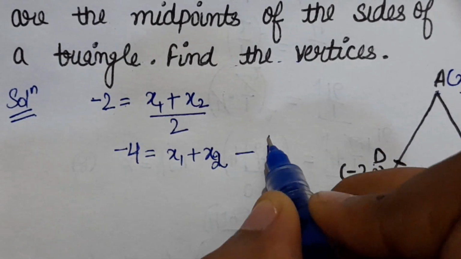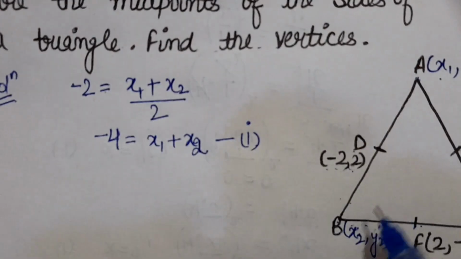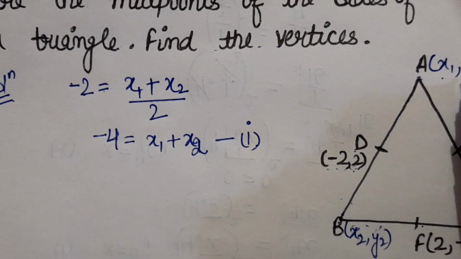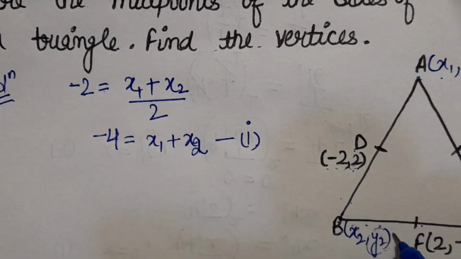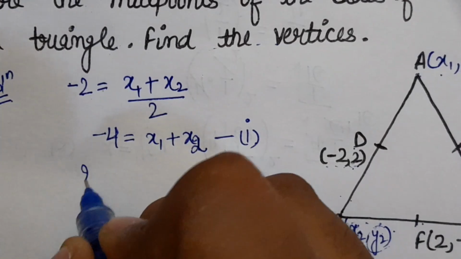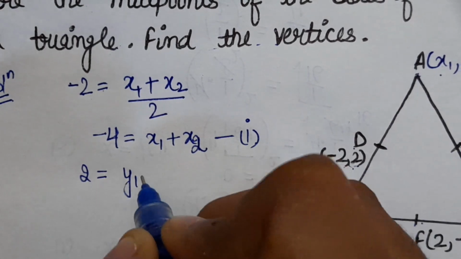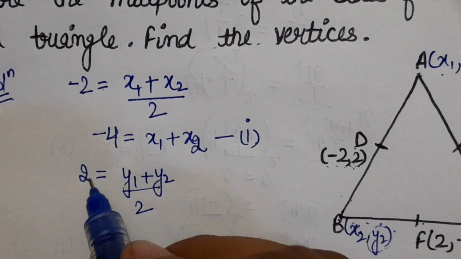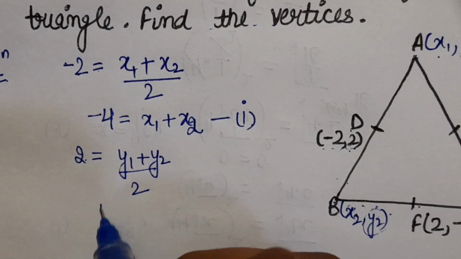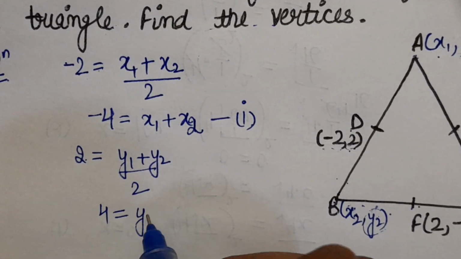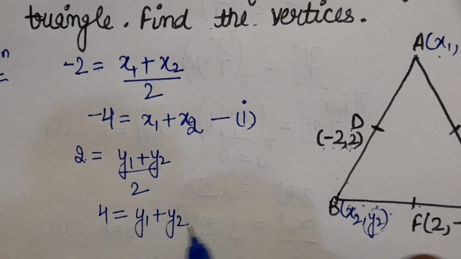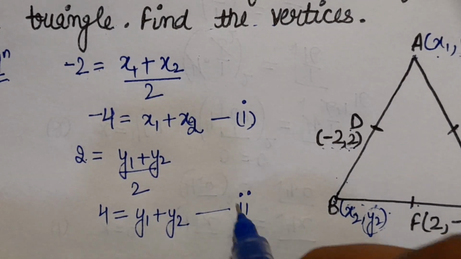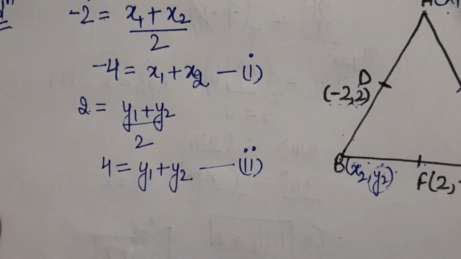Name this equation number 1. Again, this 2 is the midpoint of y1 and y2, so it can be written as 2 equals (y1 plus y2) by 2. Taking 2 to this side, it becomes 4 equals y1 plus y2. Name this equation number 2.